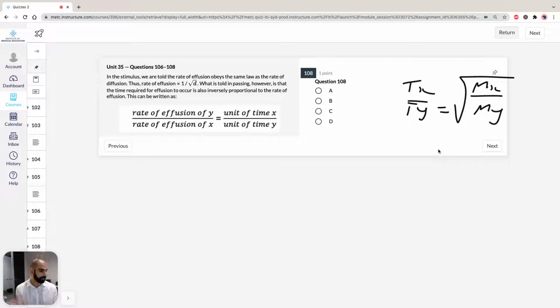It's telling us that at a certain temperature, 50 moles of a gas, the unknown gas, takes 250 seconds to pass through a small hole. We know that under the same conditions, argon takes 100 seconds to pass through this hole. So let's say argon is x, because it's our known, and y is our unknown.